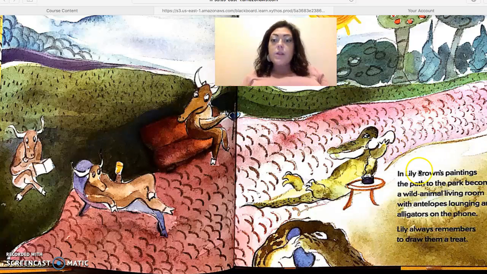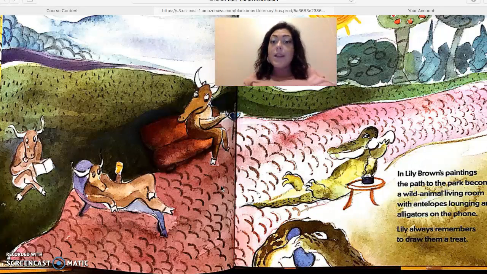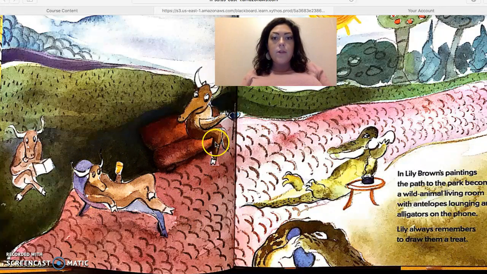And when she uses the run-on sentence, it goes to show how her mind is just running a million miles a minute for this particular painting. In other ones, sometimes she'll use an ellipsis, and that'll help show how she stops and thinks and wanders off a little bit.